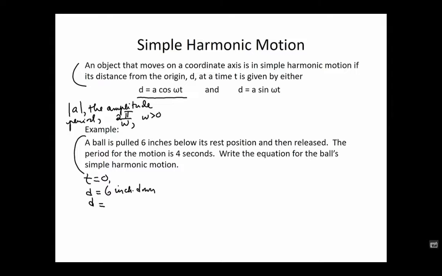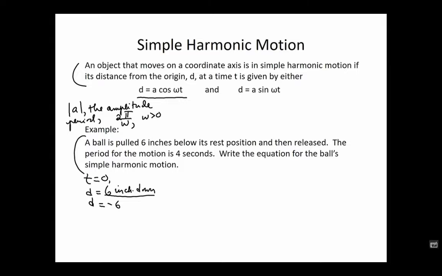So d, since 6 inches down, translates into d being negative 6. So notice the greatest distance from rest position occurs when t is equal to 0. Therefore we use the equation for the cosine function.